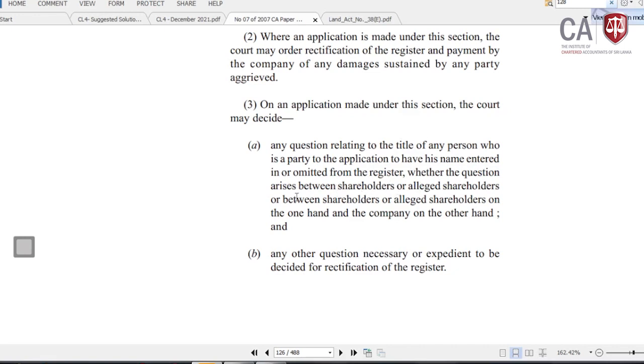So the latter part is not important. What matters is, on an application made under this section, the court may decide any question relating to the title of any person who is a party to the application to have his name entered in or omitted from the register.